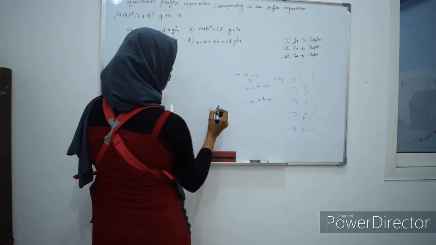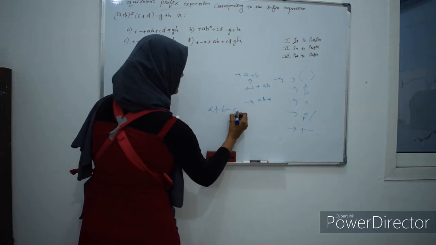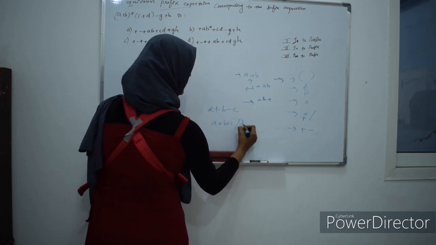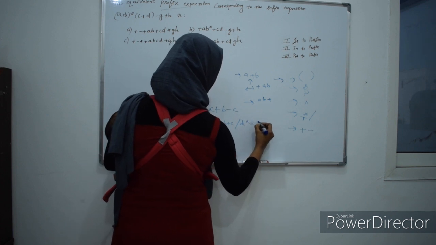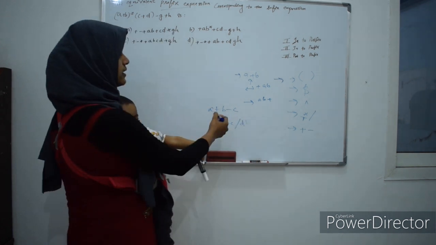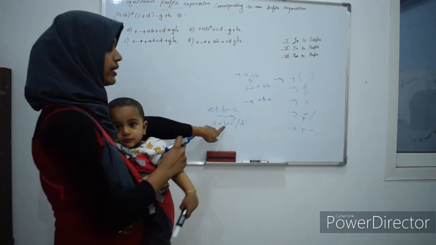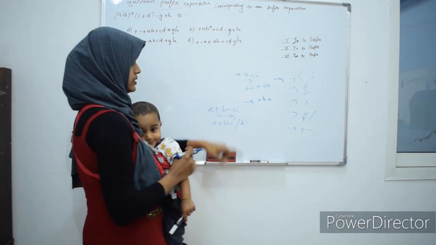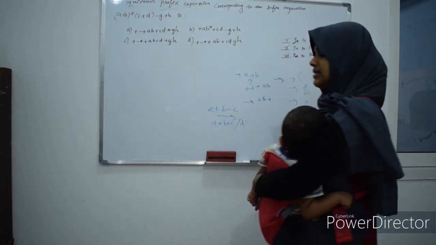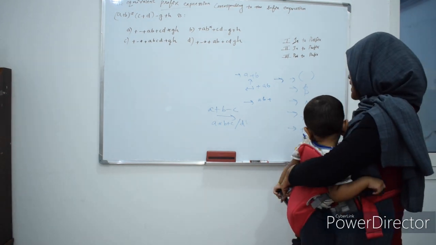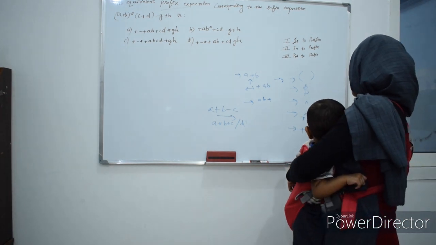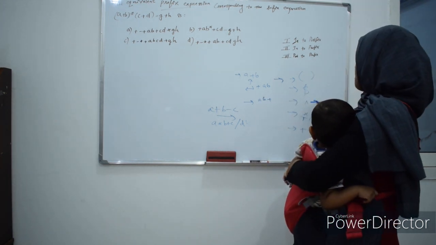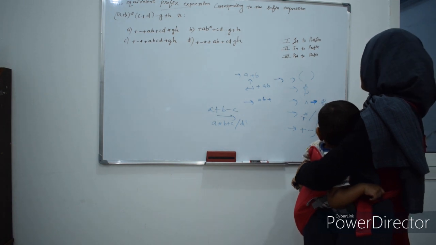What if there is A plus B minus C, or something like A star B plus C by D? If there are same priority operators twice, then we have to take left to right associativity. For the arithmetic operators, multiplication, division, subtraction and addition, we use left to right associativity. For the power operator, there is right to left associativity.